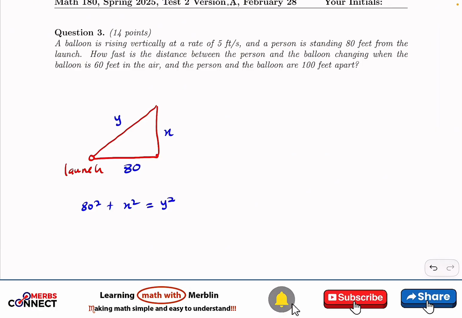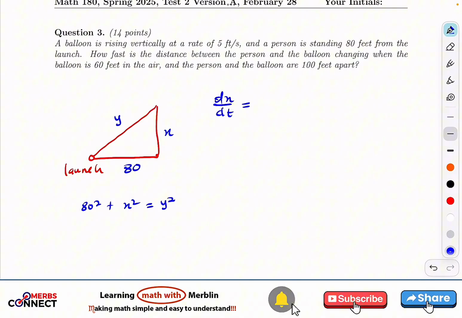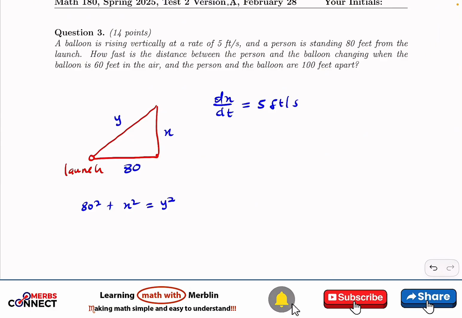Since we have assigned x to this, then it means that since the balloon is moving up, I'm going to have dx over dt equal to 5 feet per second, right? Because the balloon is moving vertically from here.